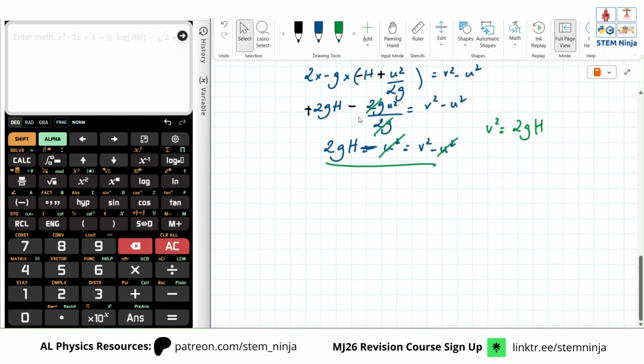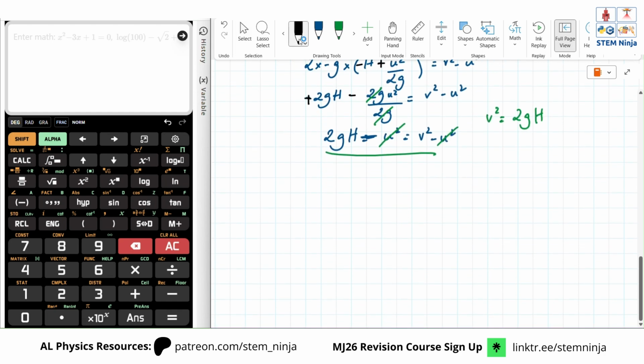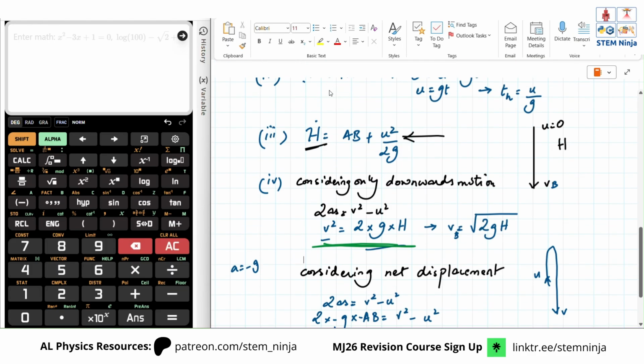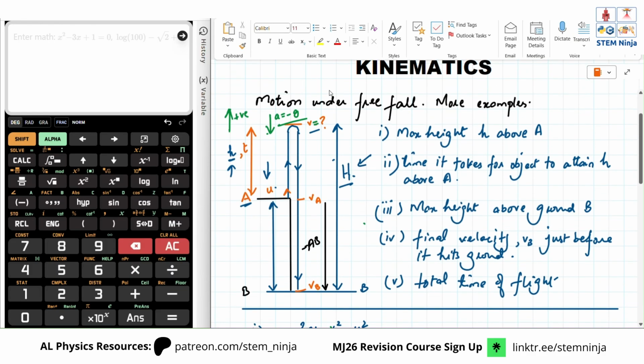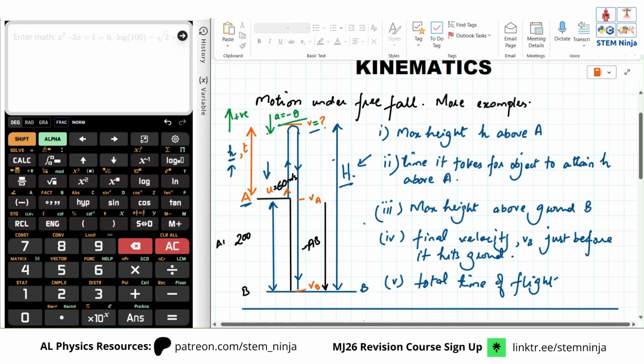Now, let's use values to cement this understanding. Let's copy paste this entire thing. Let's give these some values. Let's give it 60 meters per second. Let's give the height AB 200 meters, and we need to rederive everything.